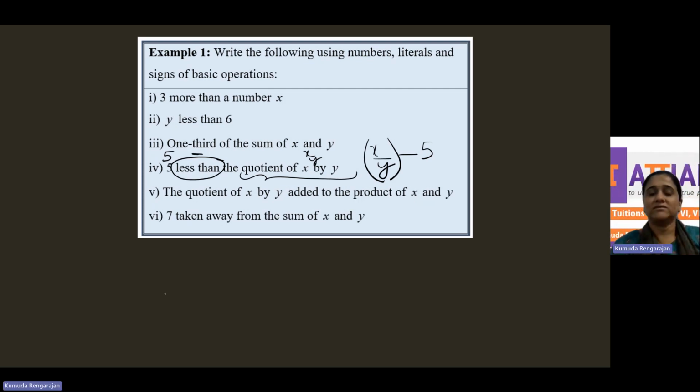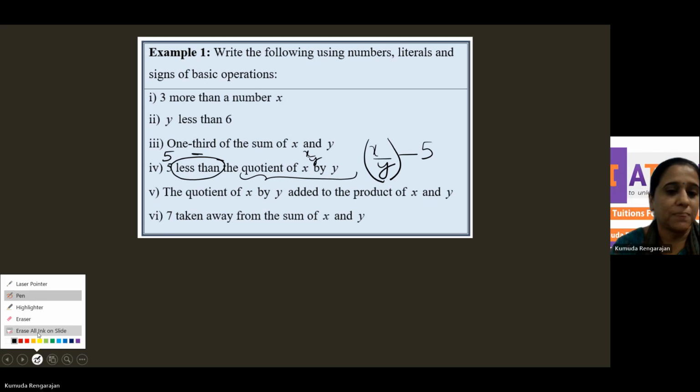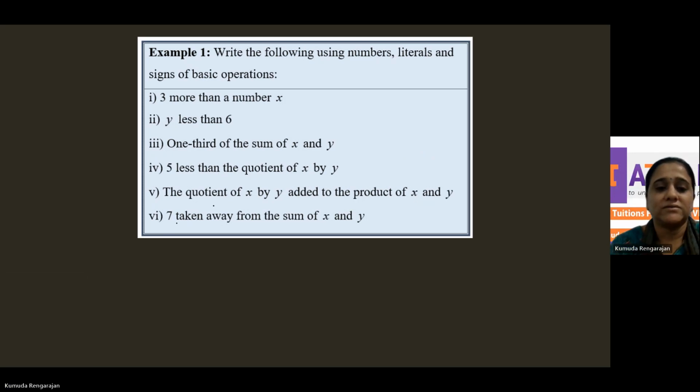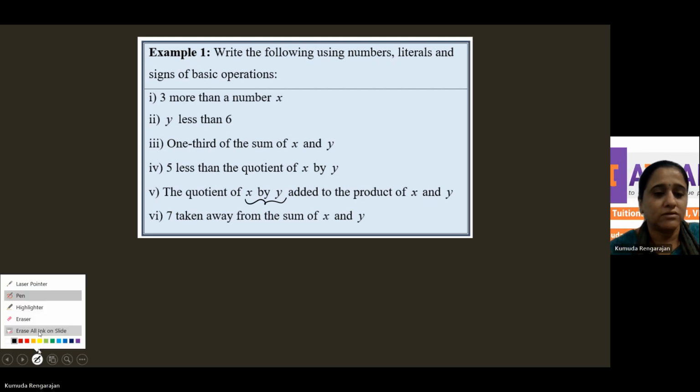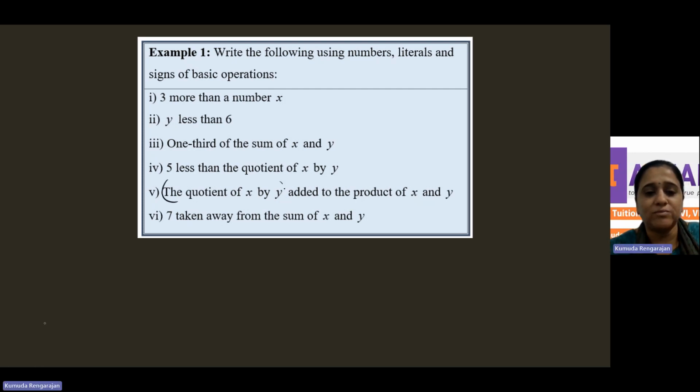So for the next one, one second. Let me ask Satakshi because you both already answered. Satakshi, try this. You said this earlier, right? The quotient of x by y means what, Satakshi? That means x divided by y.